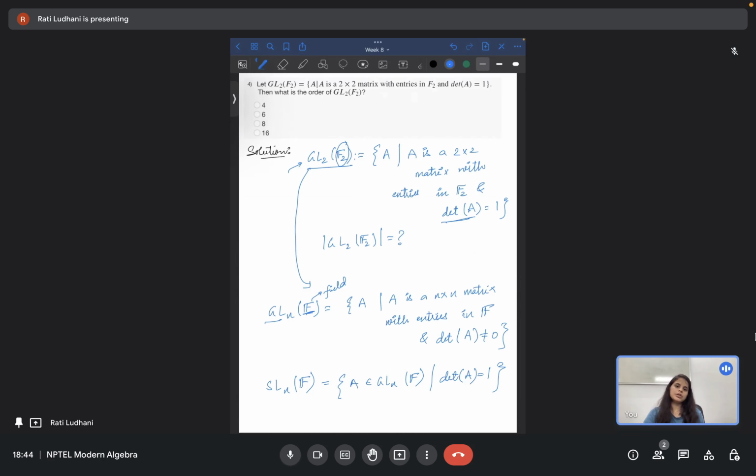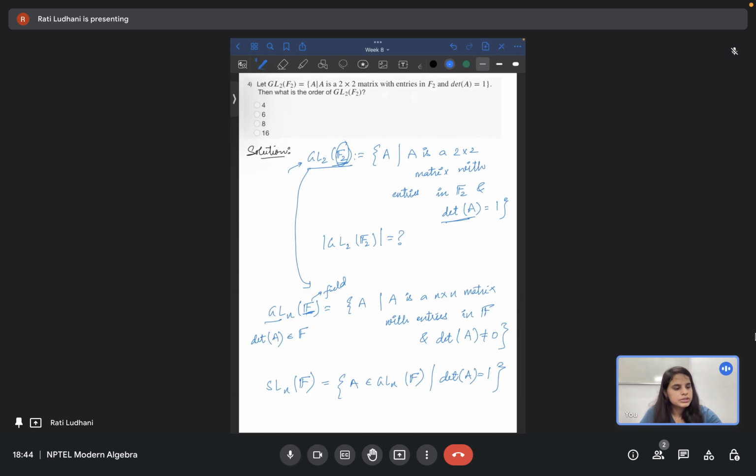So the determinant of any matrix A should be in F itself. Now the field is given to be F2, that means you have just two elements, like Z2, 0 and 1.